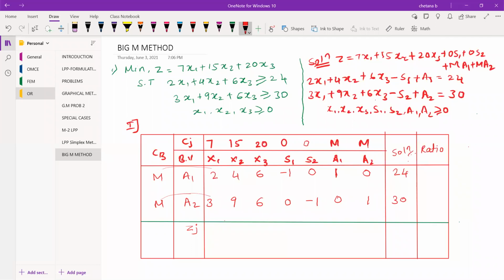For the first Zj, the calculation is M into 2, 2M, plus M into 3, 3M. If you add 2M plus 3M, it becomes 5M. Similarly, 4M plus 9M, 13M. Then 12M.